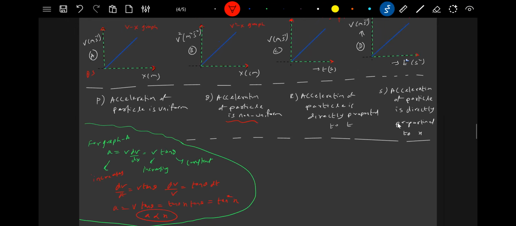Okay, now similarly, the V square versus x graph. And there is a constant slope. V square equal to tan theta into x. And in fact, it's a uniformly accelerated motion only.